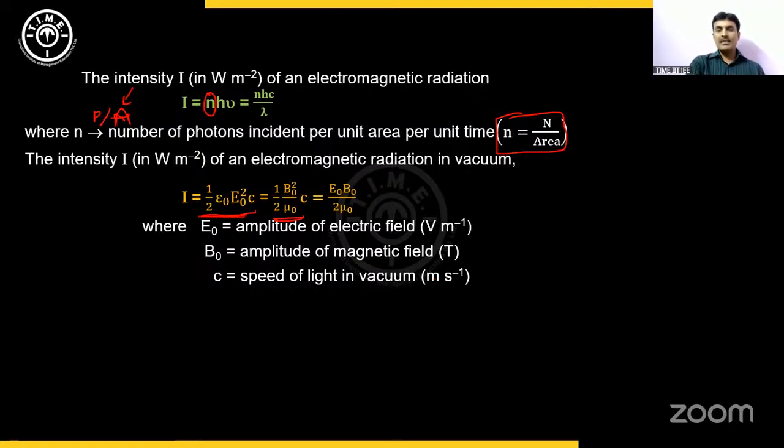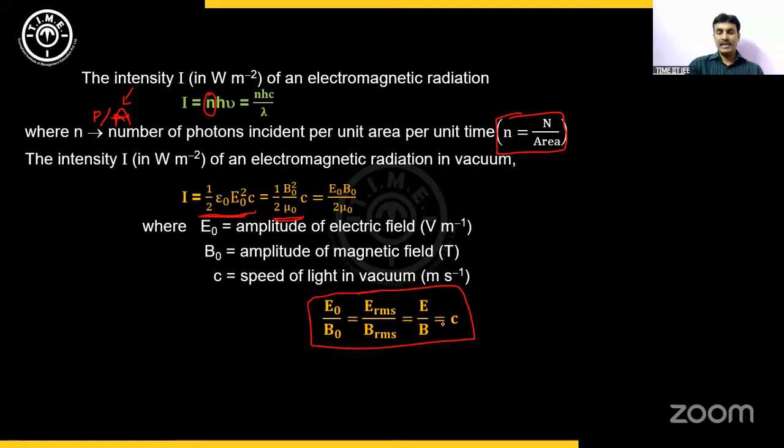Now the relation between E naught, B naught, E RMS, B RMS and the speed of light is given here. E naught by B naught, this ratio is the same as E RMS by B RMS, and this ratio is always equal to the speed of light. A very useful and very important relation between E, B and c: electric field vector, magnetic field vector and the speed of light.